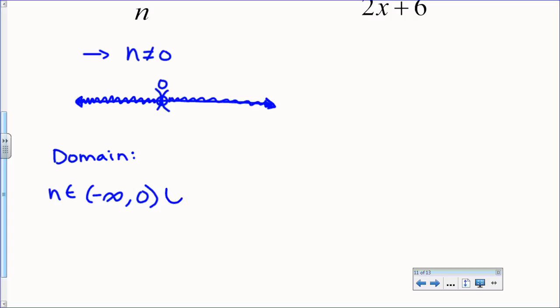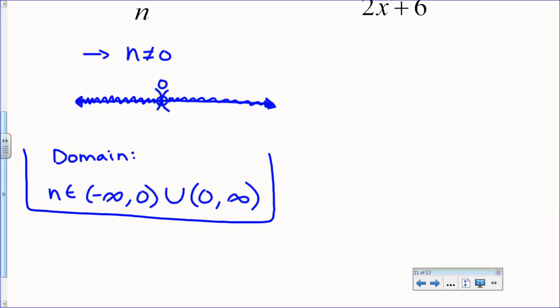I need to do a union sign because I'm starting back at 0, but not including it, up to positive infinity. So this is how I write the domain. That tells me n can be anything except 0.